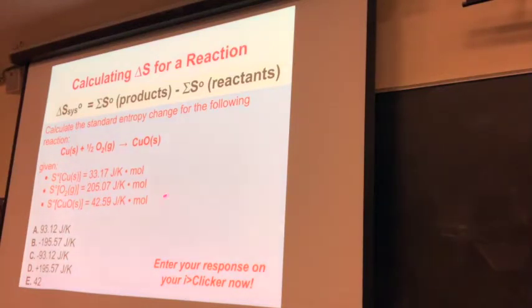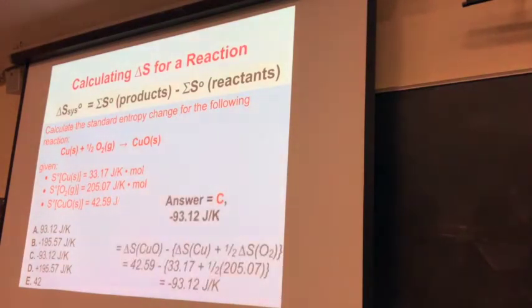So copper oxide, this number, 42.59, then you would subtract the copper, this number, and subtract 1/2 of 205. This will come out to be a negative number, and it looks like it's negative 93.12. So again, entropy of CuO minus copper and half of an oxygen.